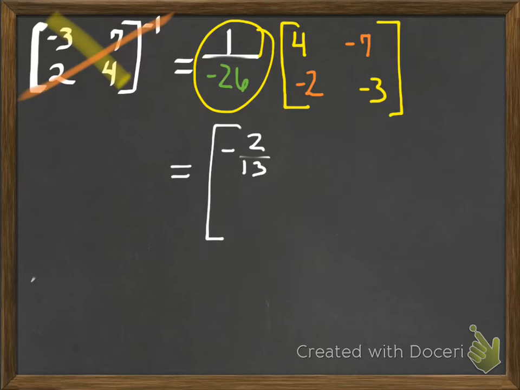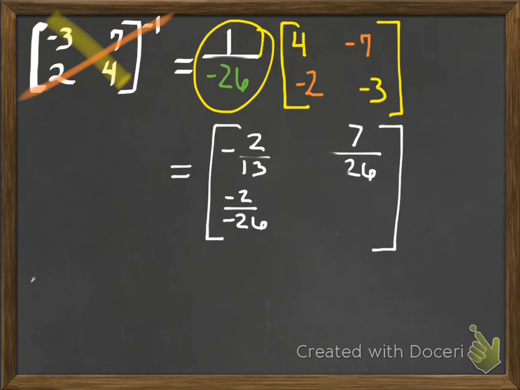So we're going to do the next step. We have a negative 7 divided by a negative 26. Can that reduce? No. Can the negative signs reduce? Yeah. So we end up with a positive 7 over a positive 26. For the next one, negative 2 divided by negative 26. Can that reduce?